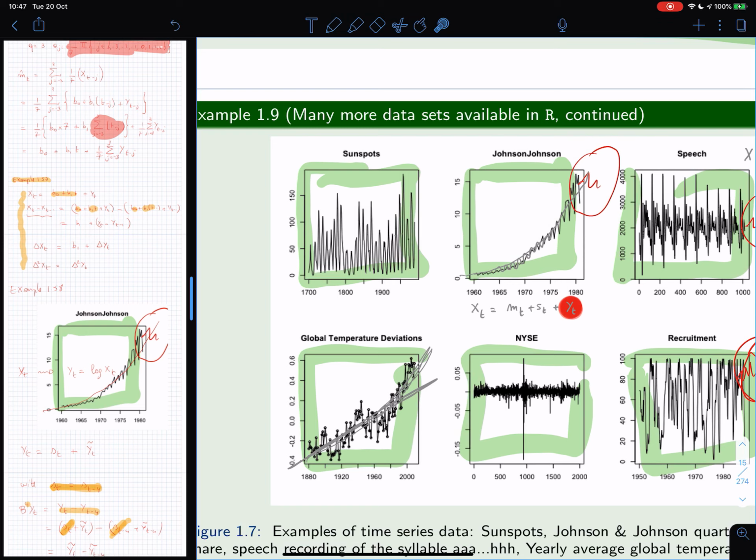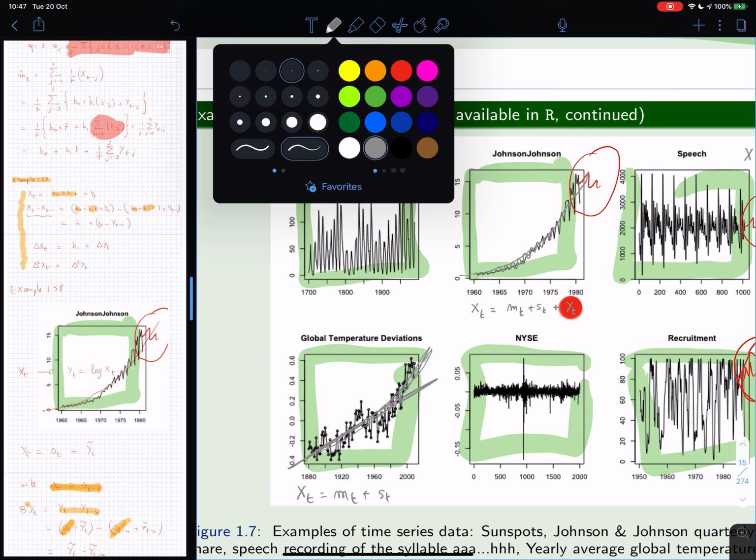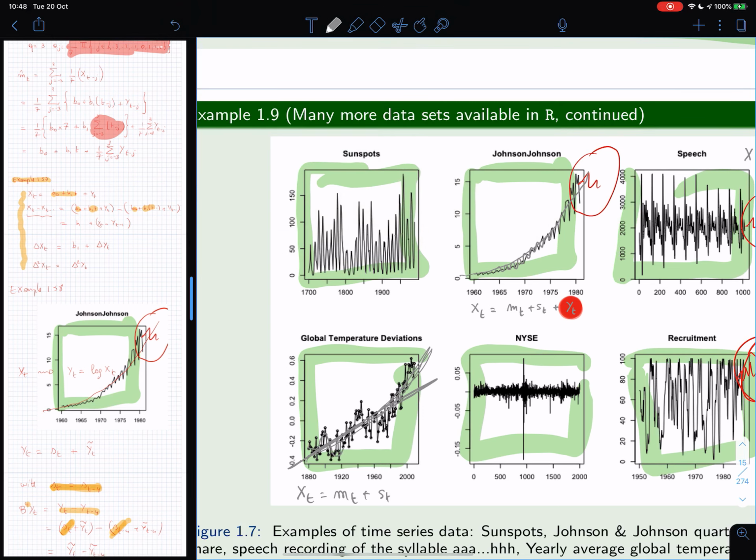Oh, sorry, it's the temperature, so it's just depressing. So this process again would be of the form some kind of trend and then some kind of seasonality. Clearly there are swings here, so there is some kind of intrinsic seasonality which we need to get rid of, plus the stationary part.